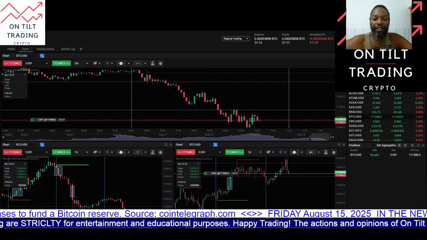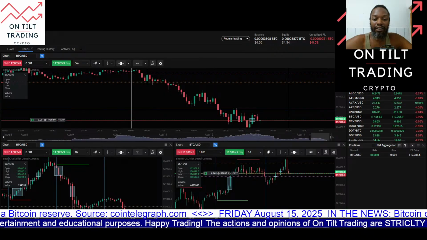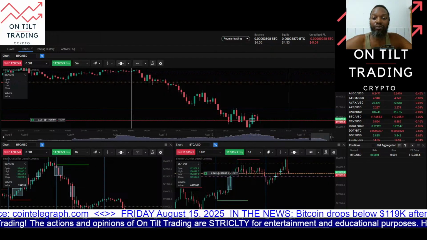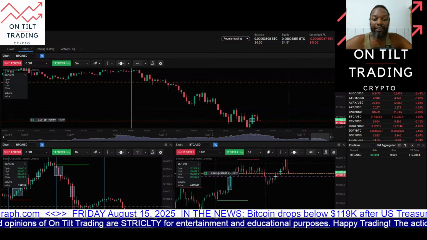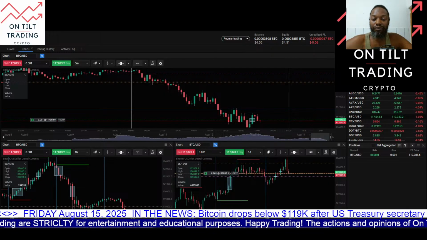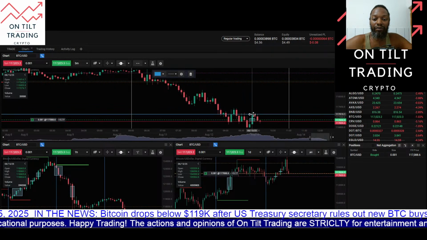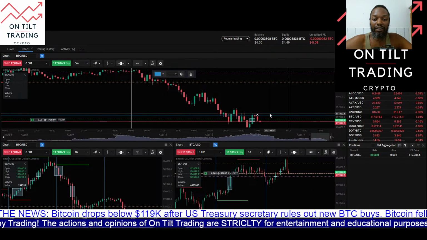So if this fair value gap is going to hold, this swing low or this candle here will also hold. And then ideally, now with this candle closed, the market structure has now rotated to here.